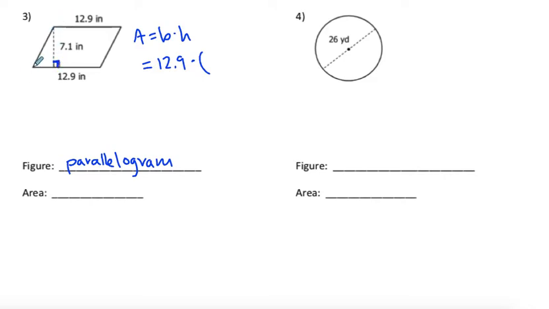I never want to use the slant height, so I get 7.1. In my calculator, 12.9 times 7.1, I get 91.59, and I'm going to measure this in inches squared. So inches squared means that there are 91 little squares that would fit in here that are inch by inch.